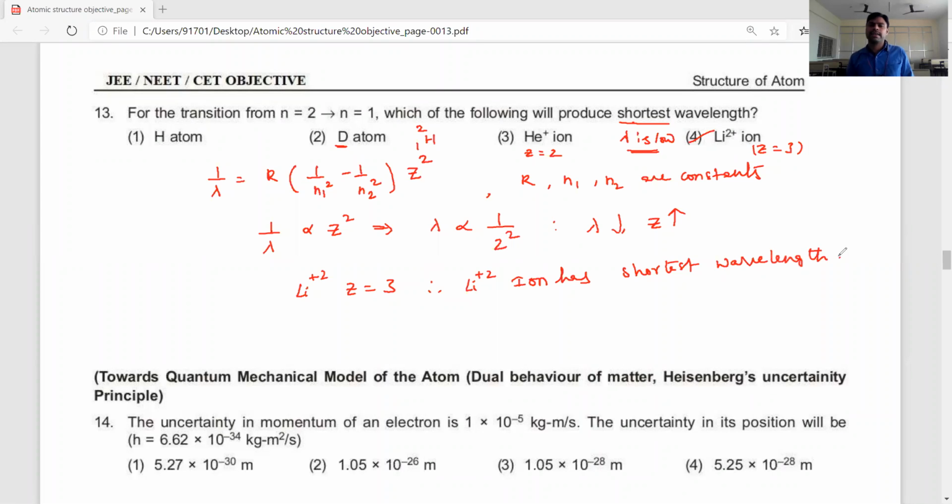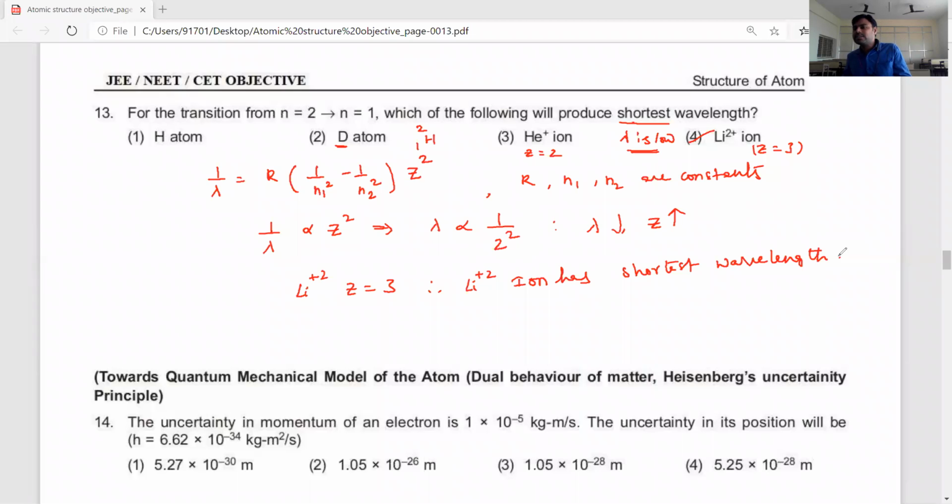See here, no need to calculate the wavelength also. Just we have to observe the different atoms or different ions they gave. Then 1 by lambda is equal to RH into 1 by n1 square minus 1 by n2 square, into Z square. n1, n2, R values are constant. Then 1 by lambda is directly proportional to atomic number whole square.